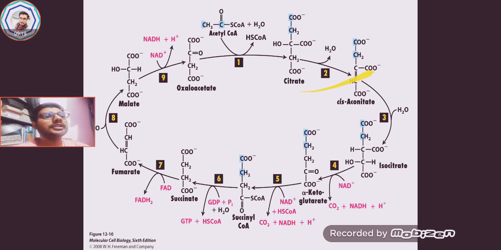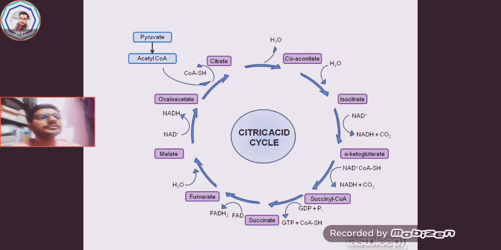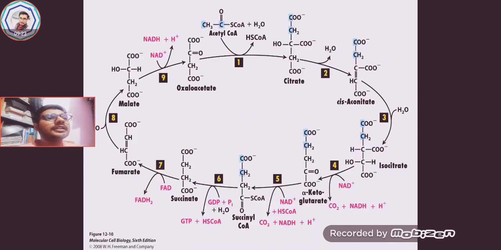This will be the formation of an isomer, cis-aconitate. Then it will form isocitrate, where again a water molecule will react and get attached to the alpha carbon. Then it will again form an isomer and make alpha ketoglutarate.